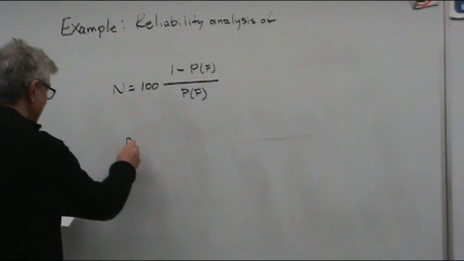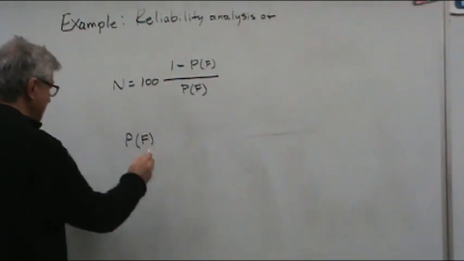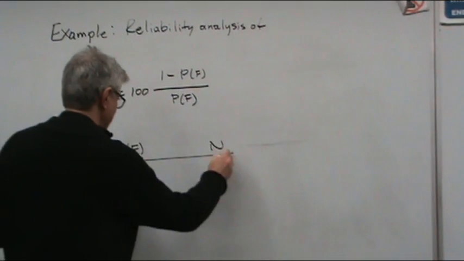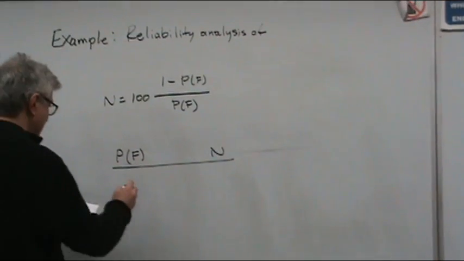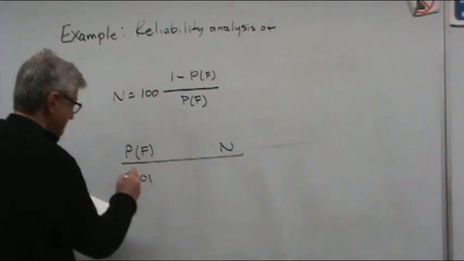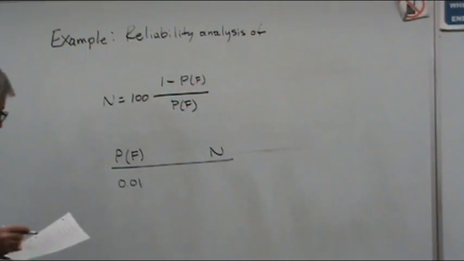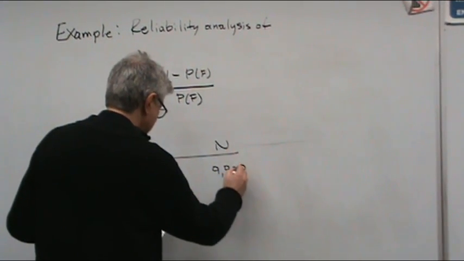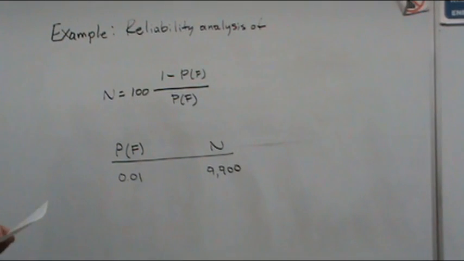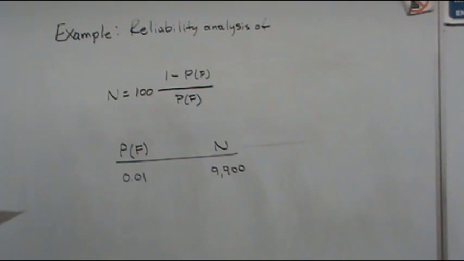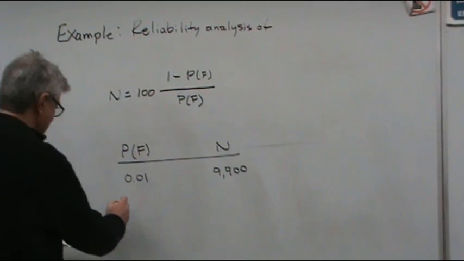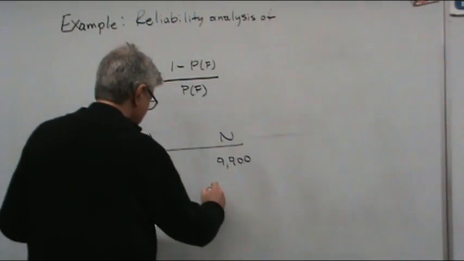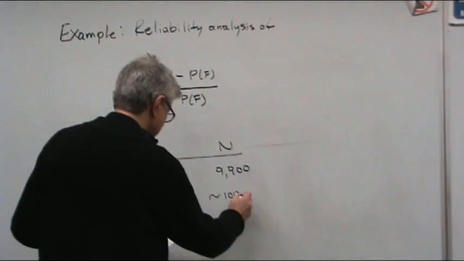So let's make a table to see how the probability of failure influences the number of replications that you need to estimate it. Okay, if the probability of failure is 1%, then you need 9,900 replications. Okay, almost 10,000. If it is 1 per 1,000, this is almost 100,000.